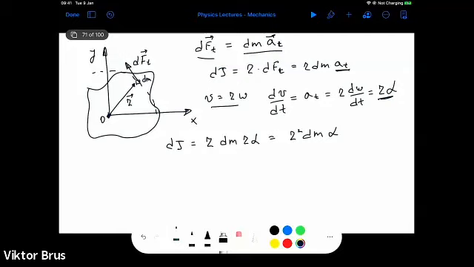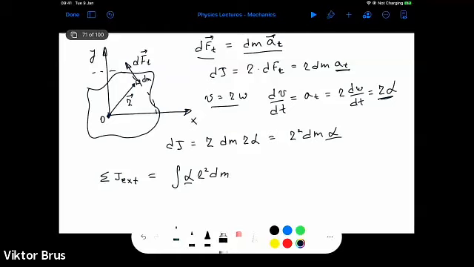And assuming that alpha is constant for all parts of the body, the net, total torque which is applied to the rigid body, let's call it external, will be equal to the integral of alpha r squared dm.